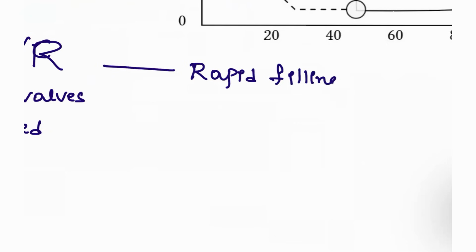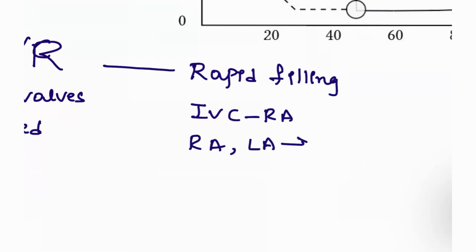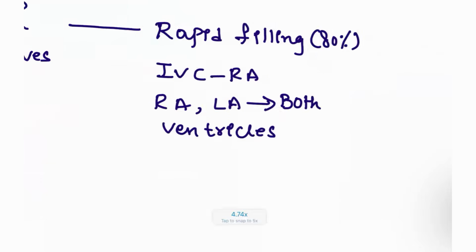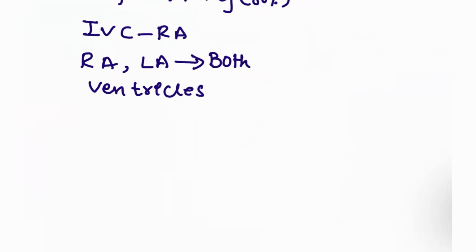During this rapid filling, from the IVC the right atrium will fill, and from the right atrium and the left atrium, both ventricles are going to fill up. This phase is known as rapid filling. Again, here 80% of the blood will be filled, and that's why this phase is also known as the stasis of the blood.